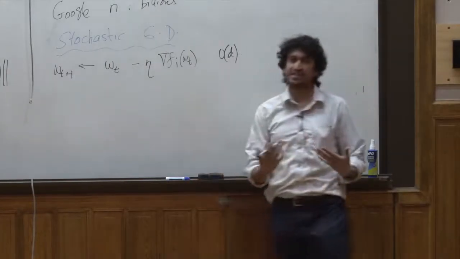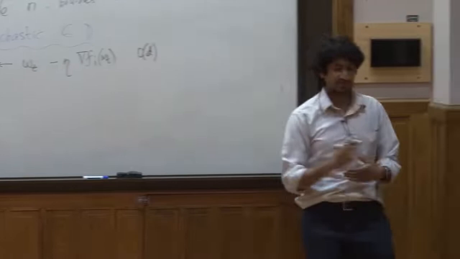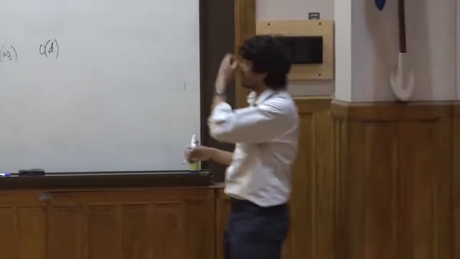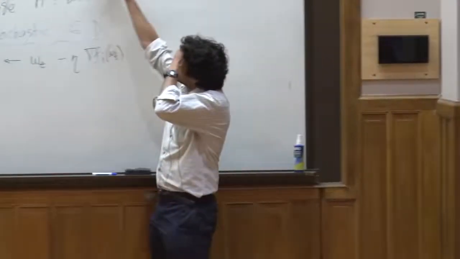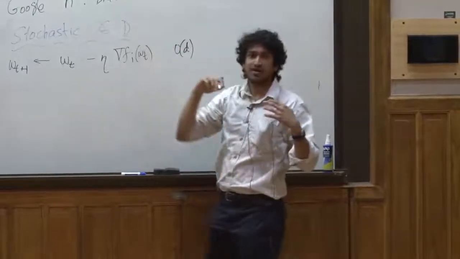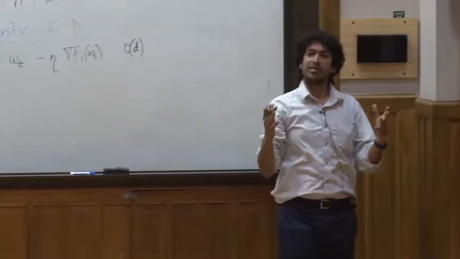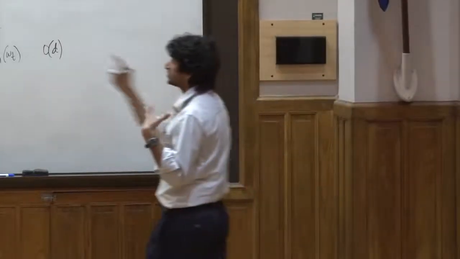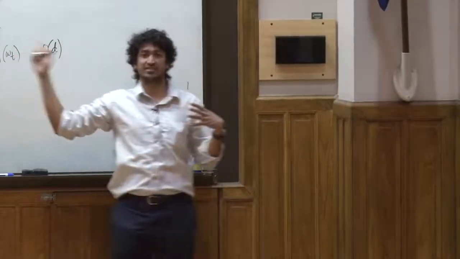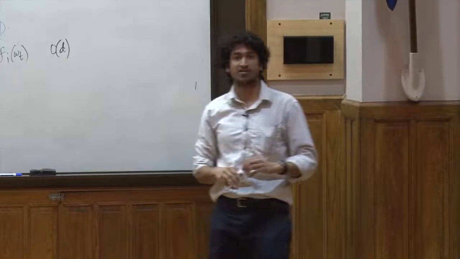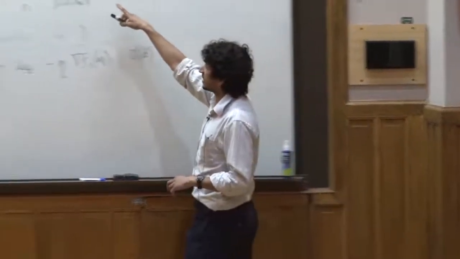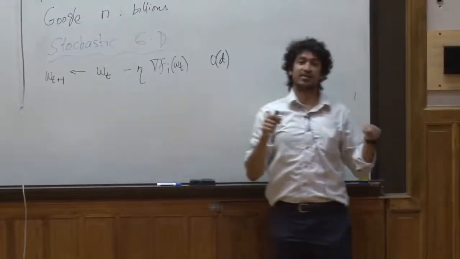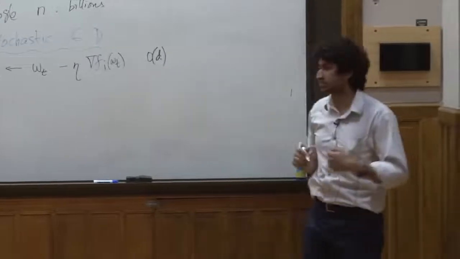Now, if any of you have seen the analyses of gradient descent and stochastic gradient descent, you'll know that gradient descent is fast. And what do I mean by fast? I mean that if it's smooth and strongly convex, like I just said that I'm going to assume that it's smooth and strongly convex, then gradient descent converges at a linear rate or an exponential rate, sometimes it's called.